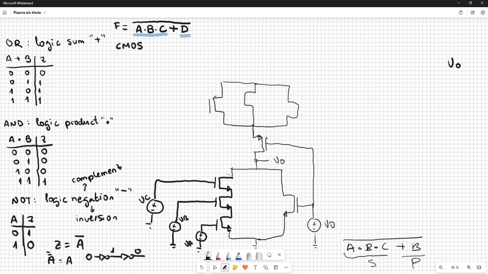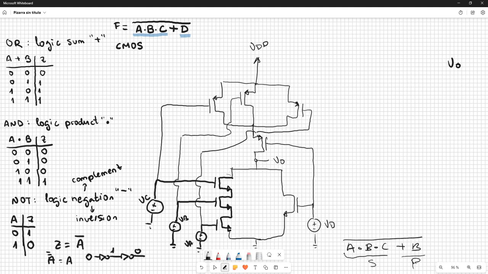Remember, they are PMOS. And here we have the supply voltage. So this is the complementary of C, this is the complementary of B, and this is the complementary of A. So this circuit implements this function.